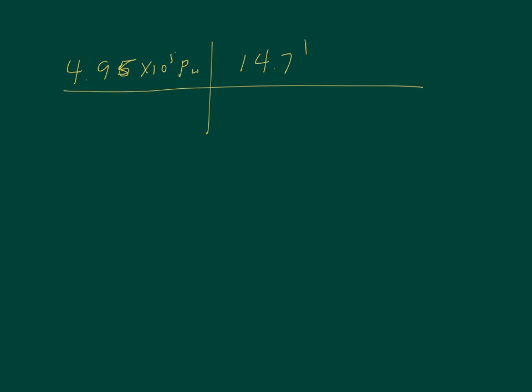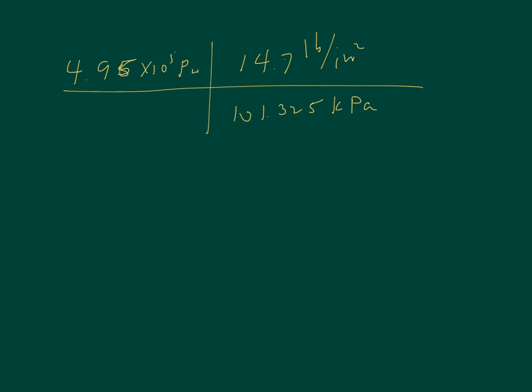What is that in pounds per square inch, which might be a little more useful to us? Well, I have 4.95 times 10 to the 5th pascals. How would I convert that to pounds per square inch? Well, I know atmospheric pressure is 14.7 pounds per square inch. Atmospheric pressure is 101.325 kilopascals.